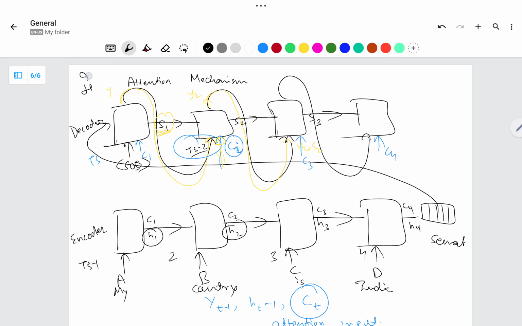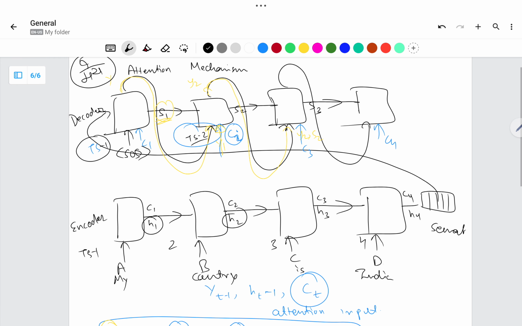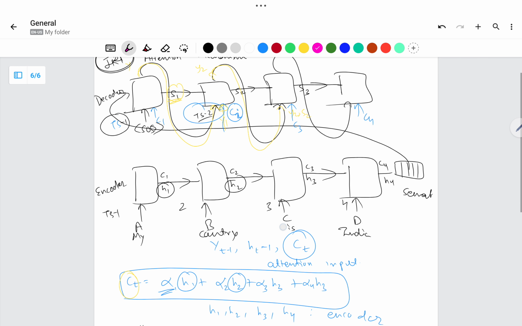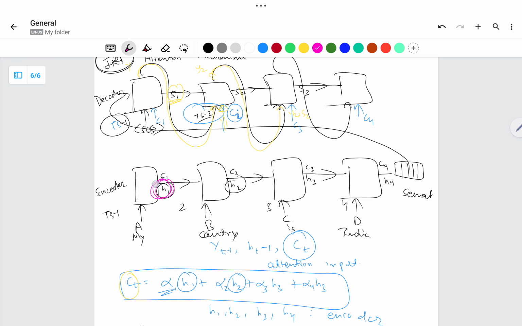So we hope to get Mera, the vector representation of Mera, after the first time step. So for calculating the vector of Mera after time step 1, it would be nice if we are able to focus on this hidden vector h1. Okay, because h1 was produced, see, my gets translated to Mera.